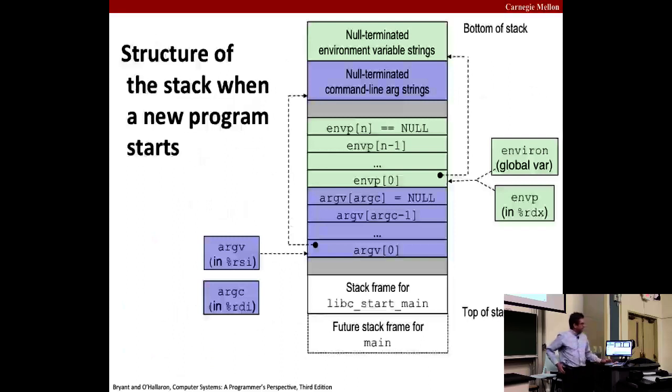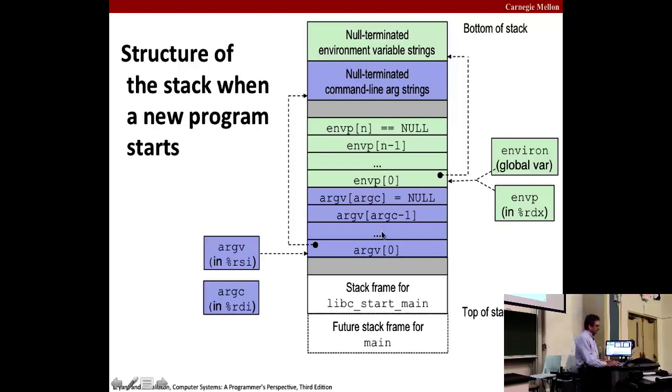All right, so let's look at the structure of the stack when this new program starts. After execve finishes its work, it creates a new stack. It loads in new code and data, creates a new empty heap. Okay, everything's new.